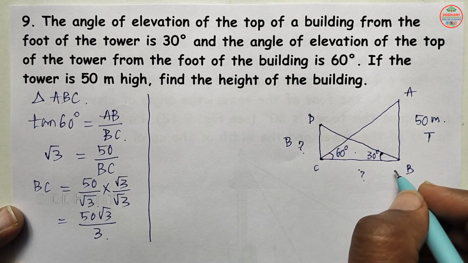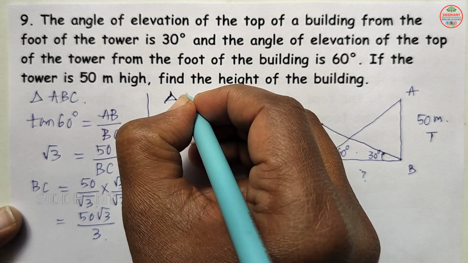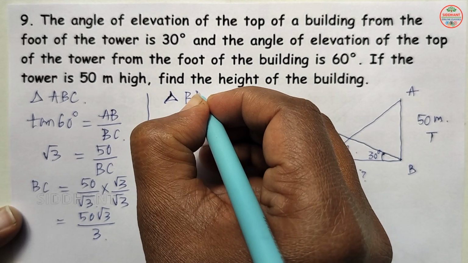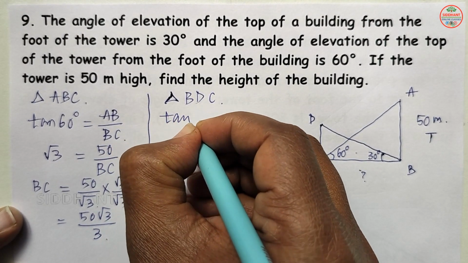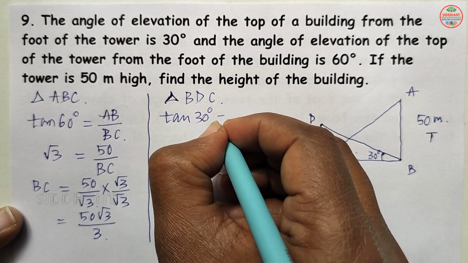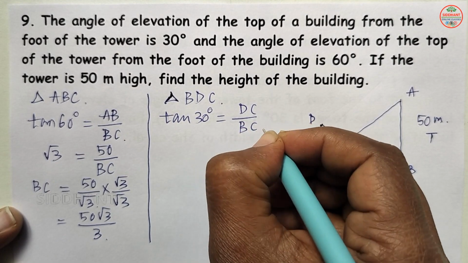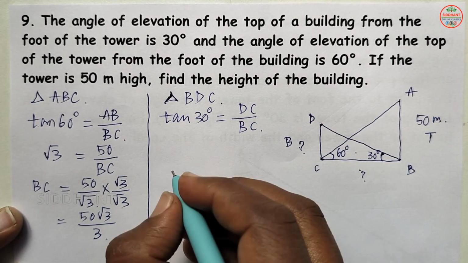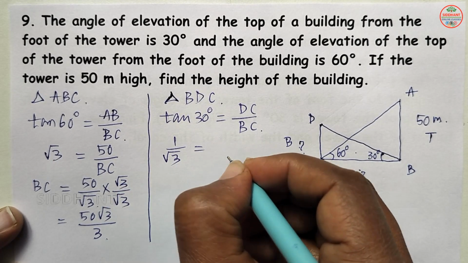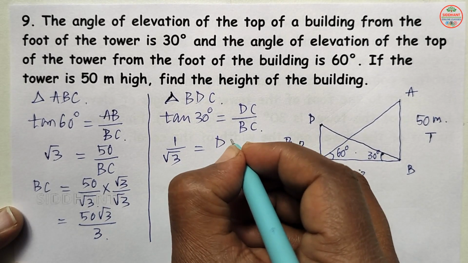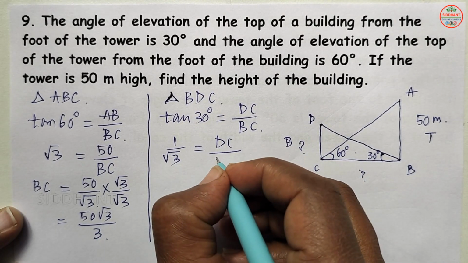Now in triangle BDC we take the angle 30 degrees. So tan 30 equals DC by BC. Tan 30 is 1 by root 3, and DC we are going to find, with BC being 50 root 3 by 3.